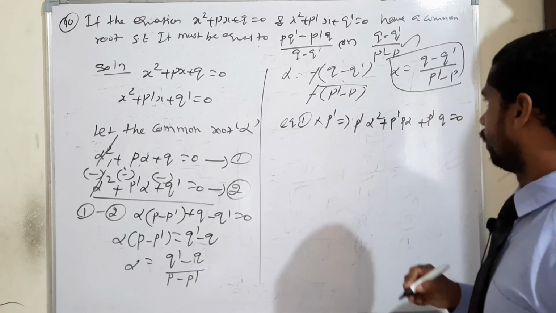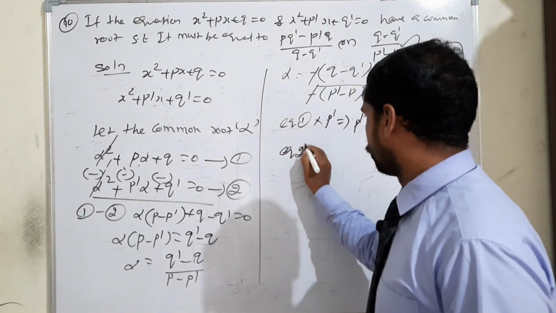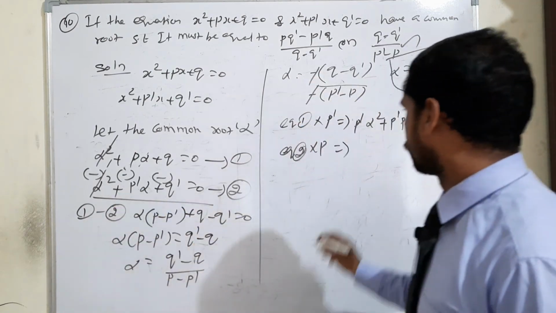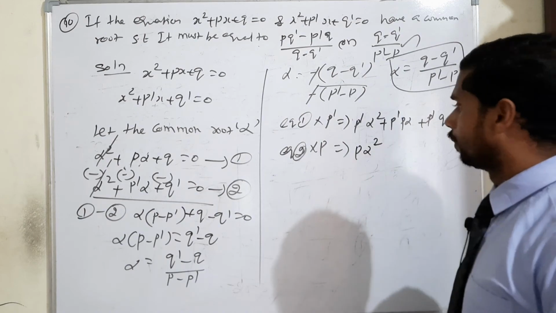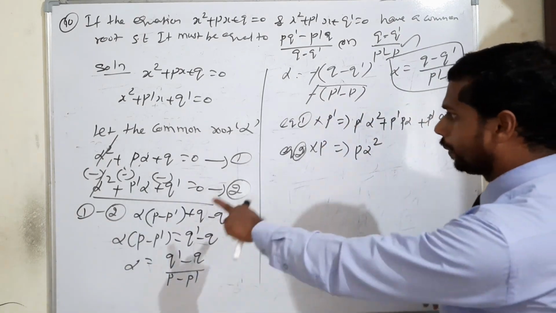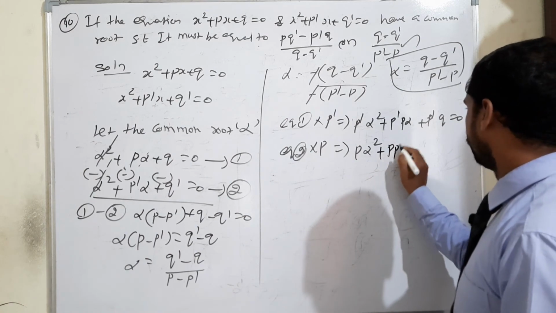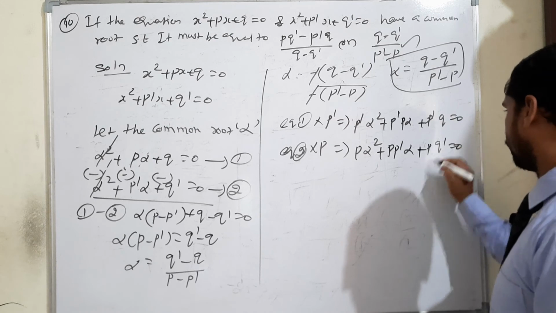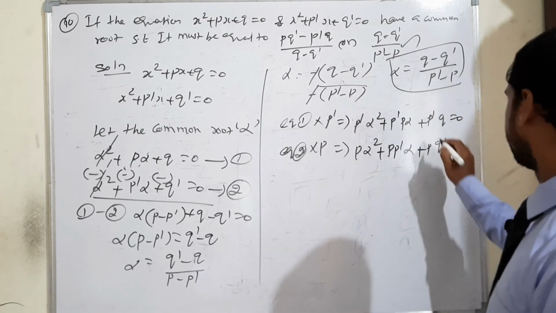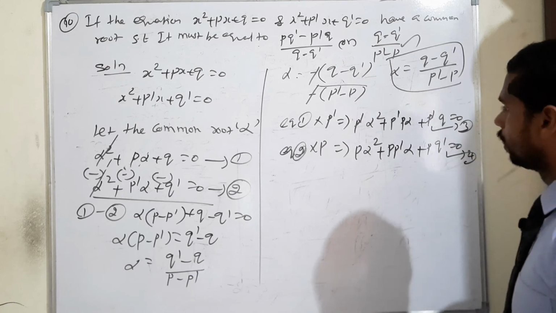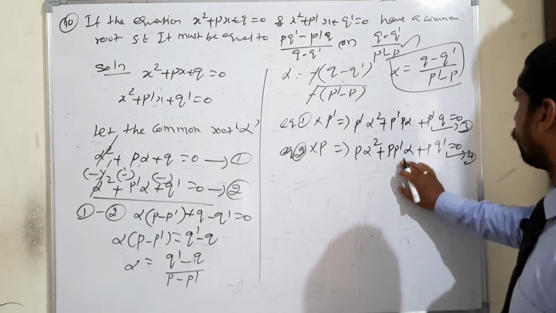Then equation 2 multiplied by p: p alpha square, next p dash alpha, p dash p alpha plus p q dash is equal to 0. The same one; this is equation number 3, this is equation number 4. Now we have to cancel the alpha term.